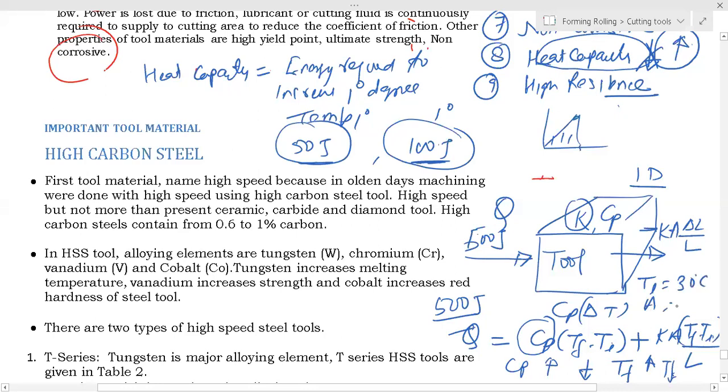A, you take 1 meter square. Mass you take 1 kg. So what you will find when Cp increases, what will happen to the final temperature? Whether temperature will increase or decrease?